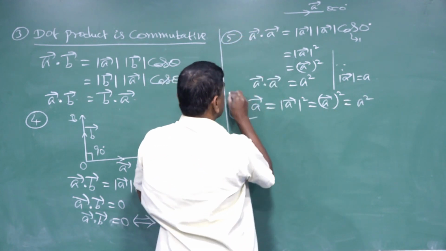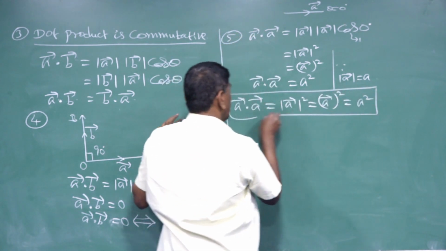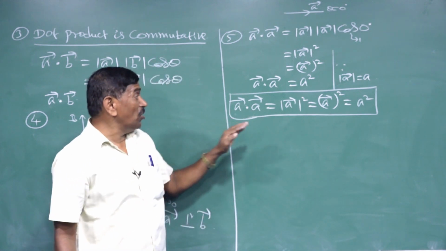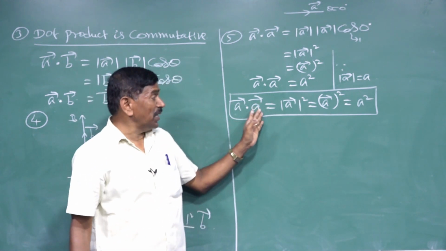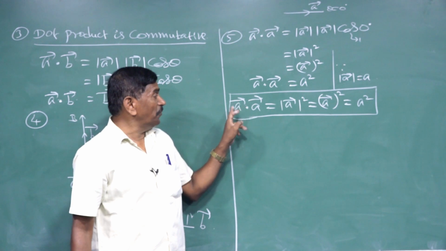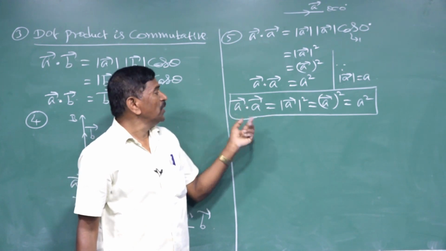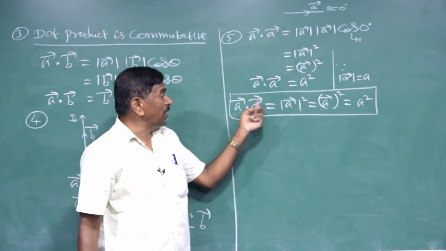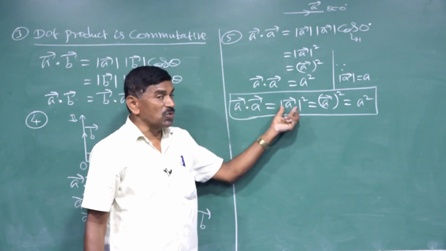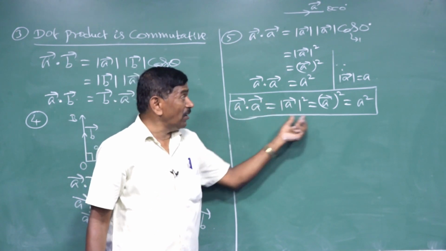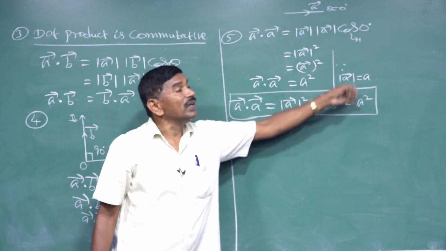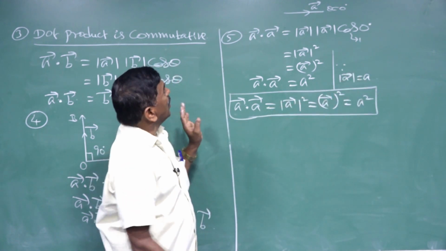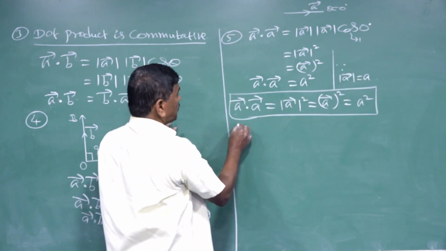This result is very important for examples and exercises. To solve examples and exercises, this formula is very important. Dot product of itself vectors is A vector dot A vector, equal to modulus A vector square, equal to A vector the whole square, equal to A square. Now the fifth topic is completed.